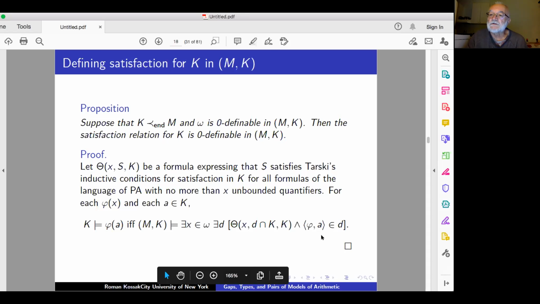So that's the definition, the parameter-free definition of satisfaction. So now we have omega defined in M K, we have satisfaction for K. Then, starting with that, you can define all kinds of other things. It gives you a tremendous handle on how much you can say about this whole model theoretic pair M K.